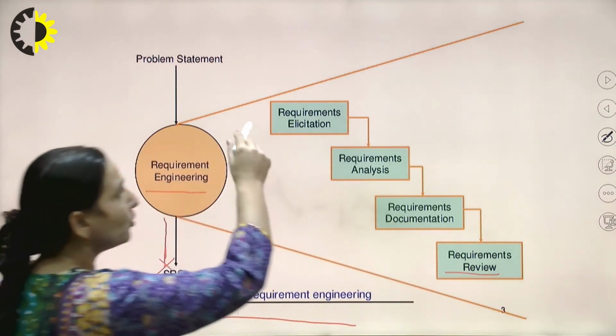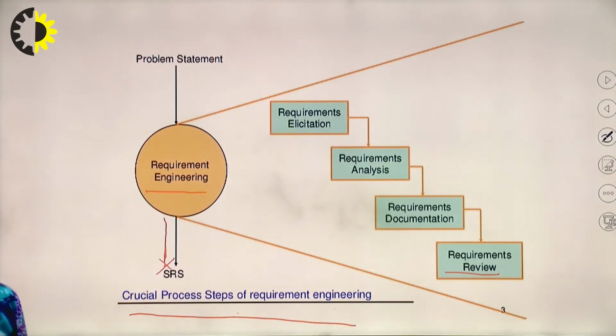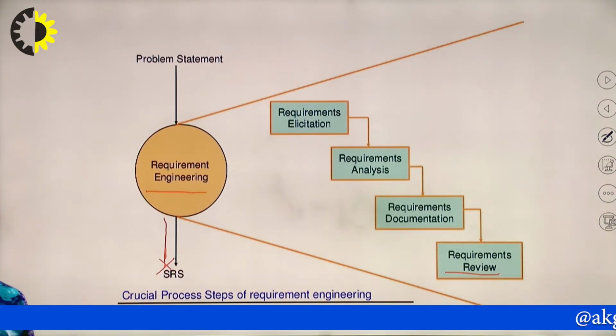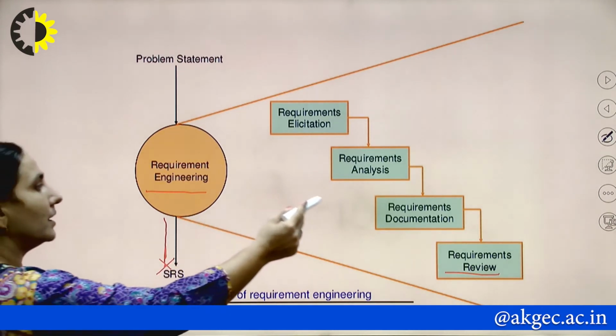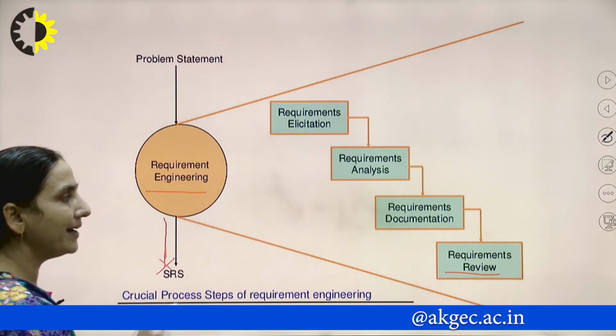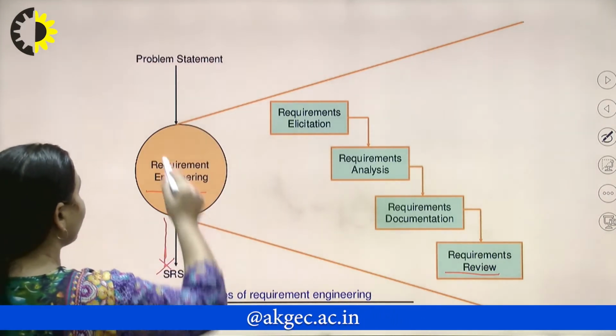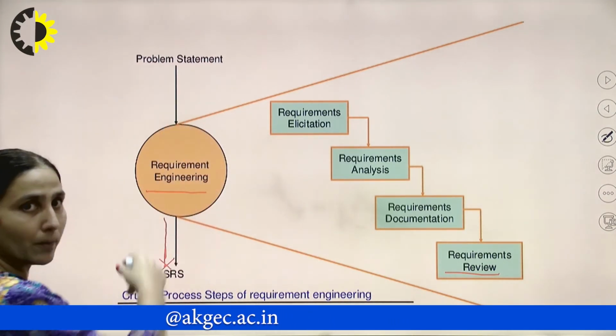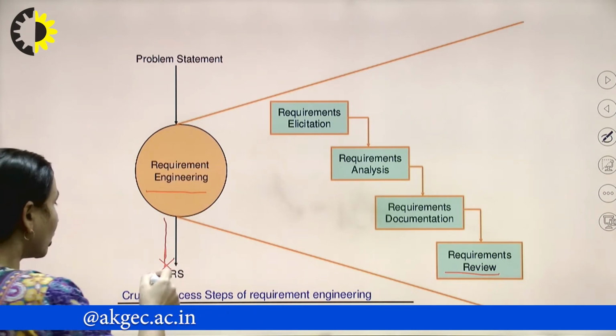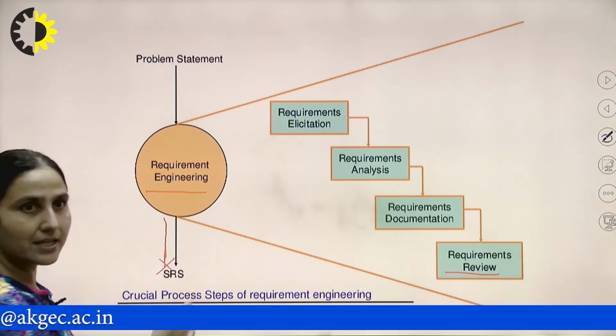We are going to deal with each part in detail. After these activities, when we apply requirement engineering to the problem statement, the document we get is what is called the SRS.